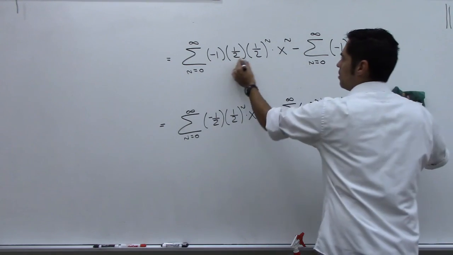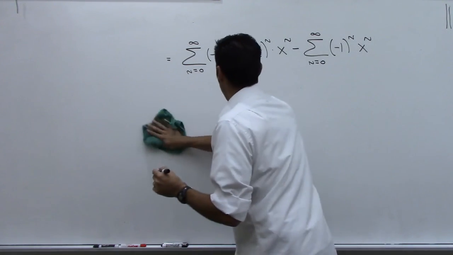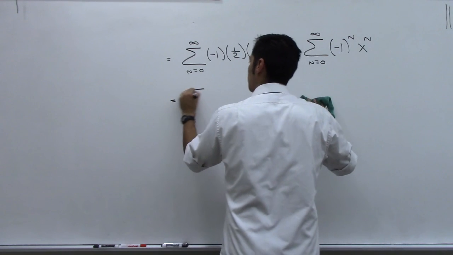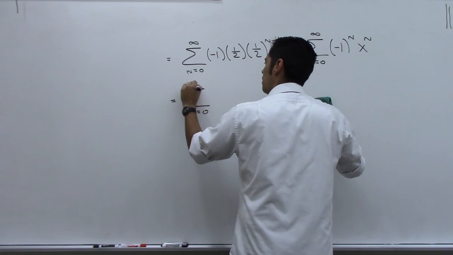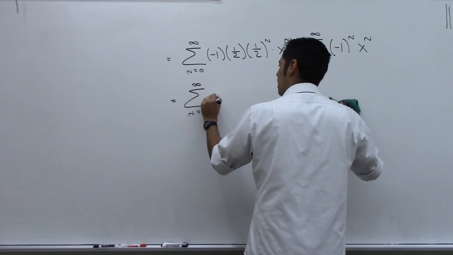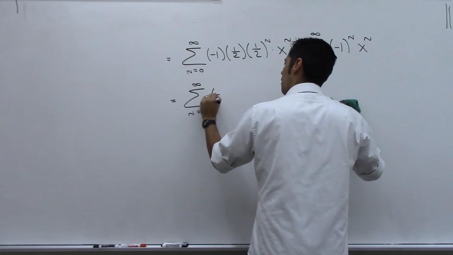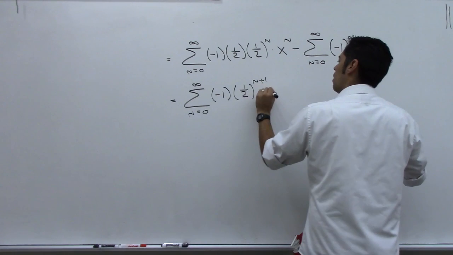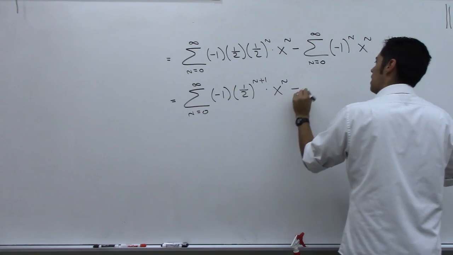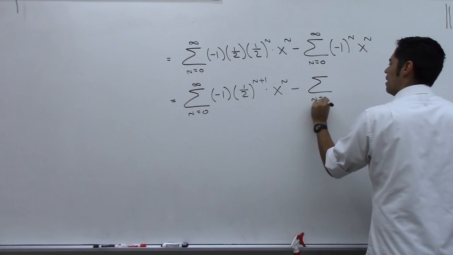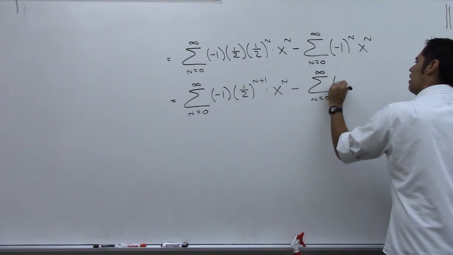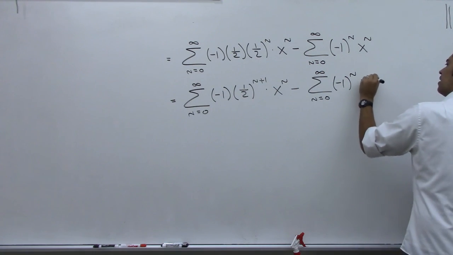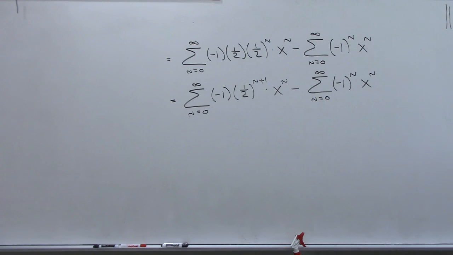And then I can put these two together. So we've got sum n equals 0 to infinity, negative 1, then I have 1/2 to the n plus 1, x to the n, minus sum n equals 0 to infinity of negative 1 to the n, x to the n.